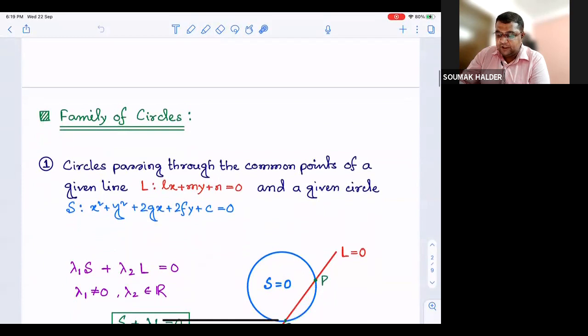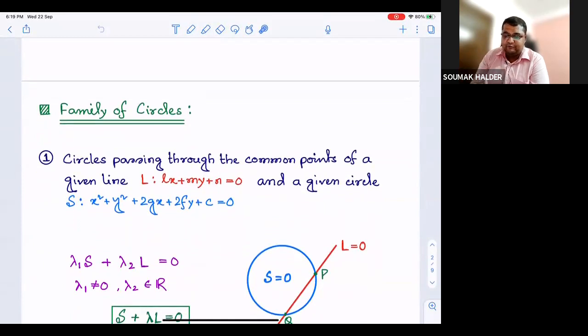So keeping these ideas in mind, we have gone for a constant combination of S and L. Like if I go for lambda 1 S plus lambda 2 L is equal to 0, then we can identify this is going to be one such algebraic equation, which is definitely of degree 2. There will not be any xy term because neither S nor L has any xy term. As such, L is a 1-degree polynomial in x and y.